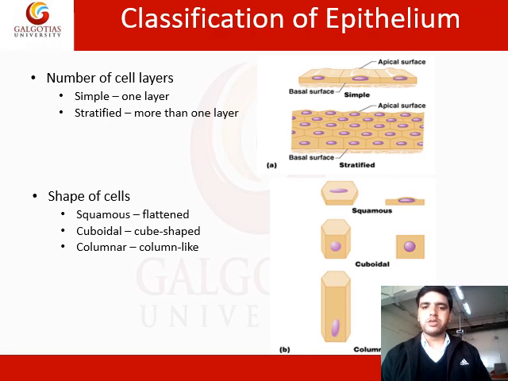Second classification, based on the shape of the cells: squamous cells, which are flattened in nature. Cuboidal, basically cube-shaped cells. Third is columnar cells, that is column-like cells, which means the height of the cells is more than the width of the cells.